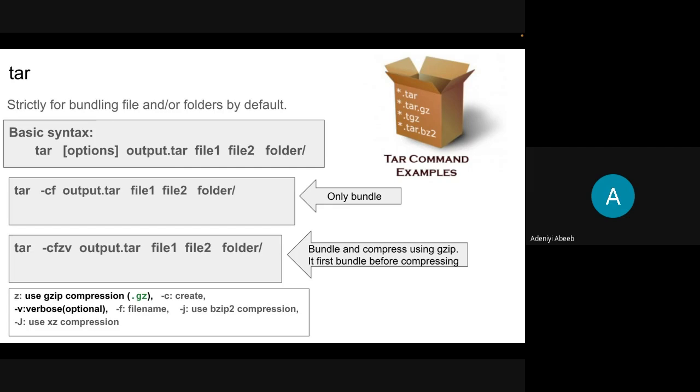But the way people traditionally ship their code is using tape archive. So tape archive, just remember, that's why I put this box. Tape archive means you are just bundling things. It's just a way for you to bundle files. By default, tar does not do compression.